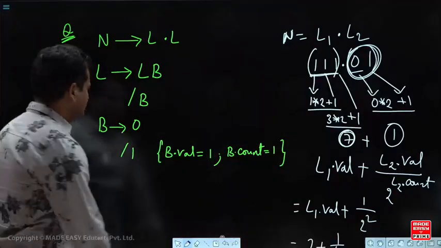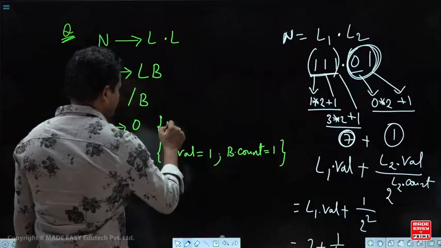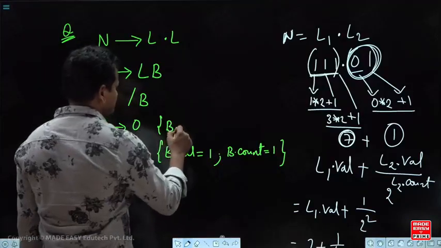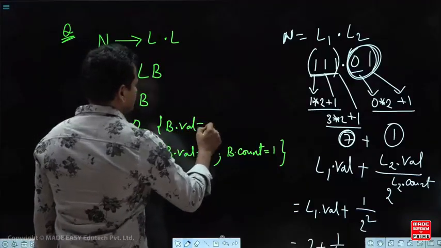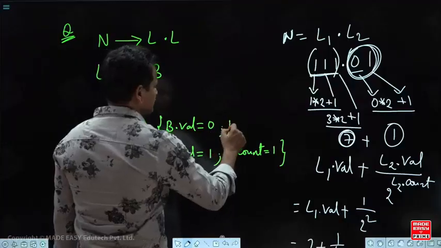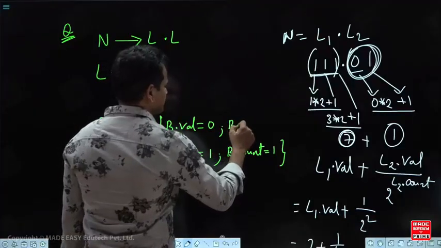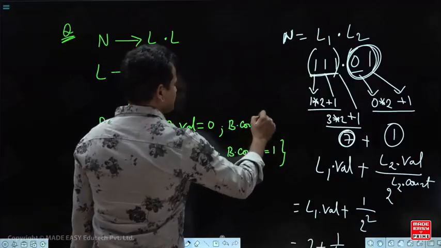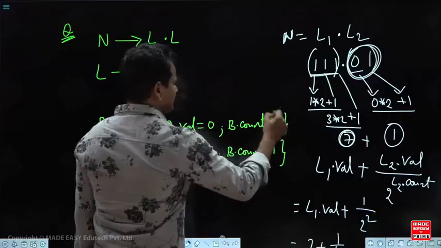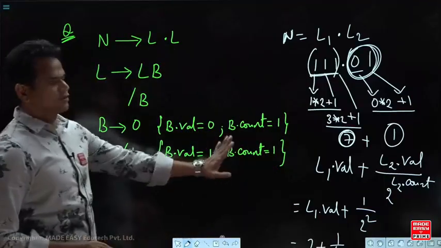B dot count. Now B derives 0. What is the decimal value of this binary? It is 0. But whenever 0 comes or 1 comes, you have to count the number of bits. So for this reason B dot count equals 1. Either 0 comes or 1 comes, you have to count the bits.